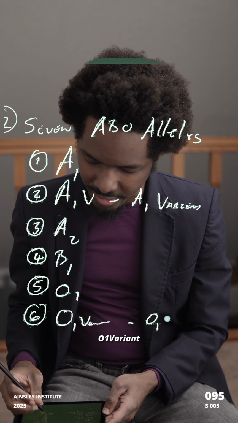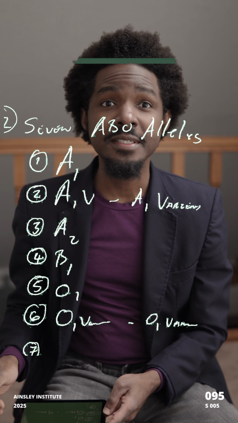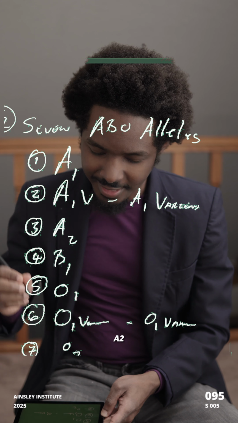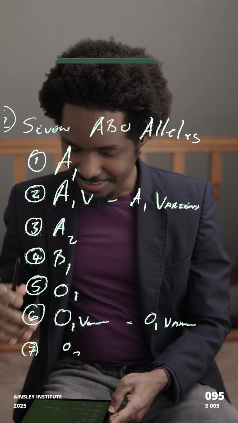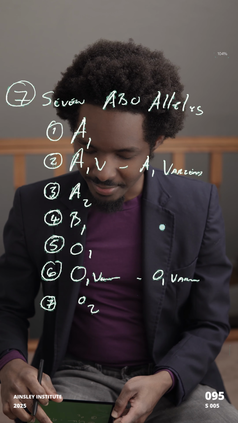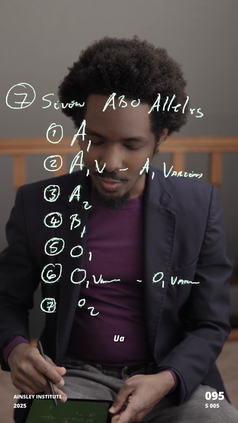Then number 7 is the O2. So yes, we have A2 and we have O2. This is just something for you to mentally visualize, that these 7 ABO alleles do exist.